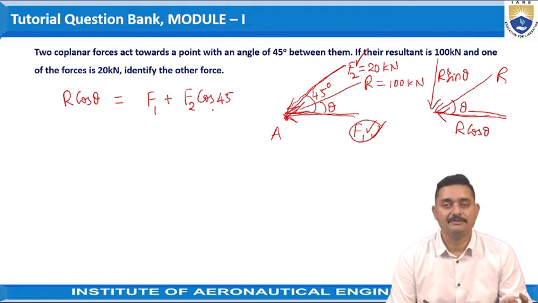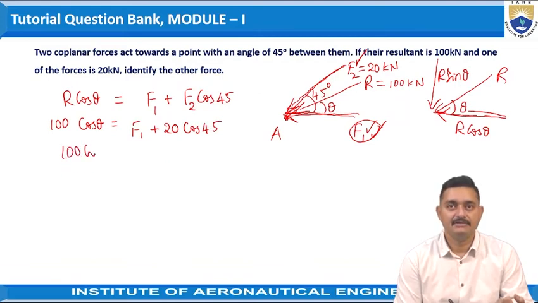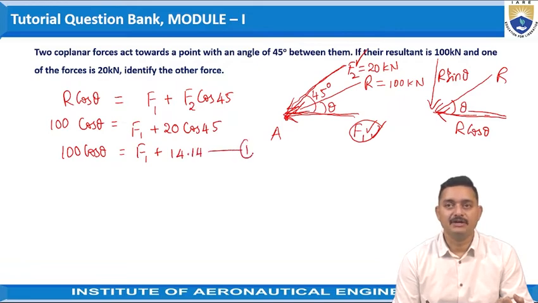So we can write that 100 cos theta is equal to F1, whose value we don't know, plus F2, which is 20 kilonewtons, times cos 45. If you simplify this, 100 cos theta is equal to F1 plus 14.14. Put it as equation 1.